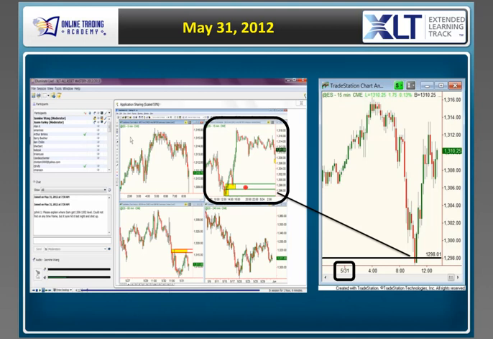One other thing I wanted to point out, for those that are new to this: when we look at price charts, most people look at candlesticks, some people look at bar charts, line charts, point and figure charts, any kind of charting you can think of. What is that chart representing?